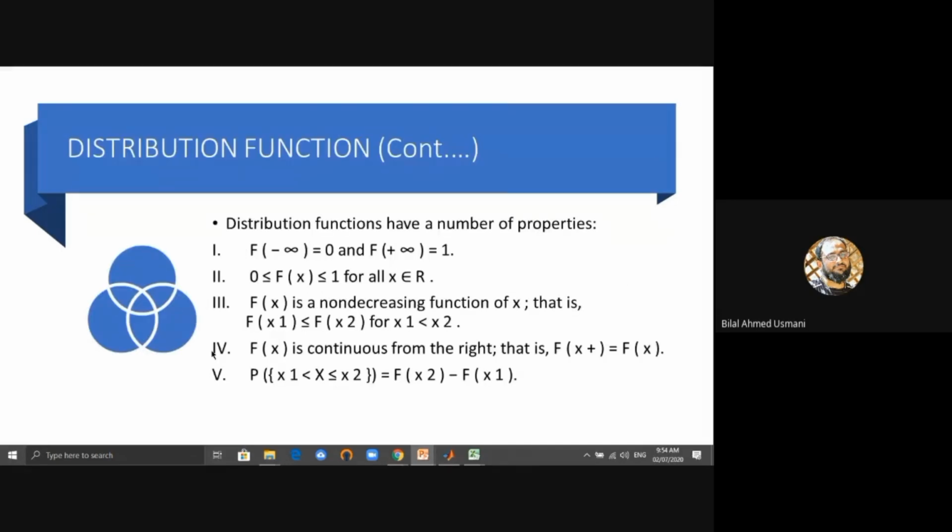So if we go back quickly to the properties, it has a number of properties. The distribution function at minus infinity is 0 and at plus infinity is 1. We assume that in real numbers the domain can be between minus infinity and infinity. For example, a normal distribution is theoretically between minus infinity and infinity.